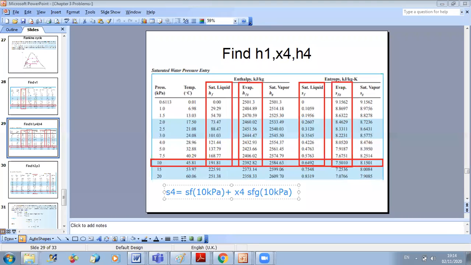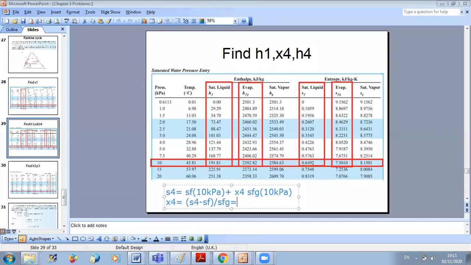So now, since I know S4 and SF and SFG, I can get them from the table. Okay, I can calculate now X4 because I can write simply that X4 is equal to S4 minus SF over SFG.